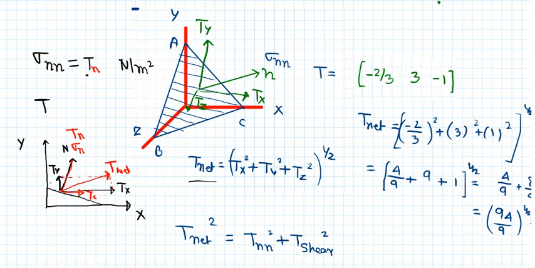Let us say this is represented by Ts. So if you take Tn square plus Ts square, then you will get the net value, because both the directions, normal and shear, are 90 degrees apart. So Tn square plus Ts square is nothing but the net force.